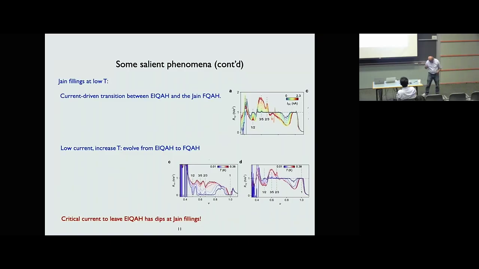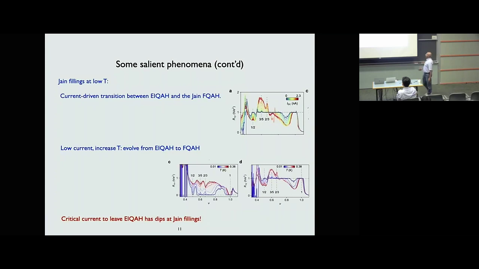So the current-induced transition from integer to fraction, which again is remarkable. You see that here as a function of current. As the color changes, you increase the current. At the lowest currents, you have an integer state. As you increase the current, you get 2/3, 3/2 h over e squared, 3/5, 5/3, and so on and so forth.